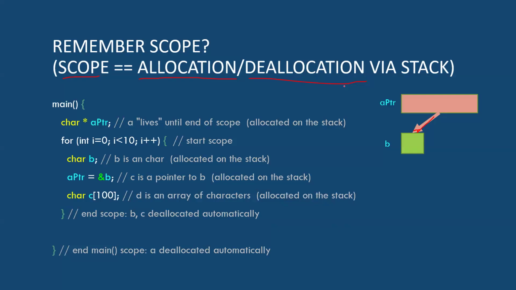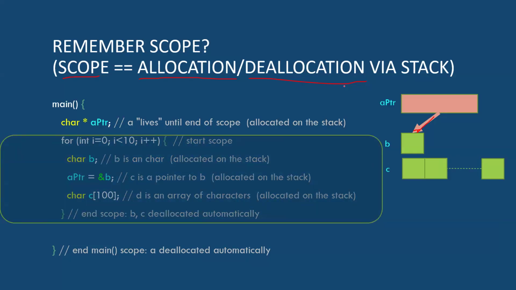I could create an array over there. But once that for loop is gone, right, at the end of that scope, all the variables created inside of there go away. But guess what? A is still pointing to this area of memory as if it's still there, okay? And yes, the transistors are still there.